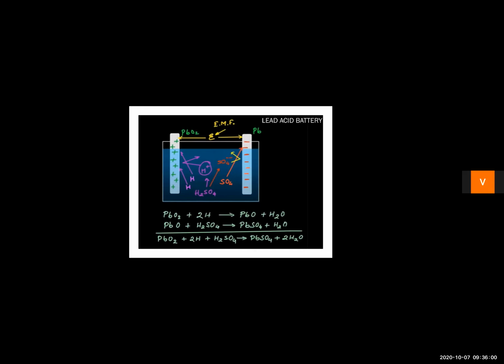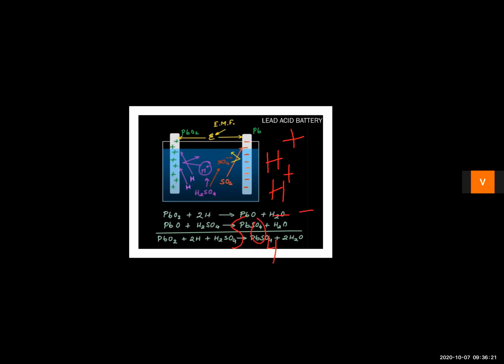Now what happens is, aqueous H2SO4 splits into two hydrogen ions and one sulfate ion.